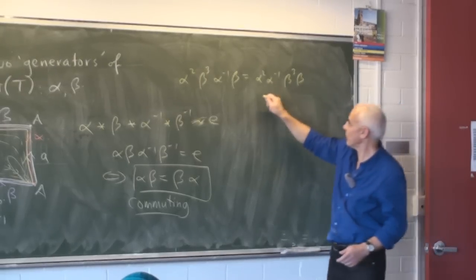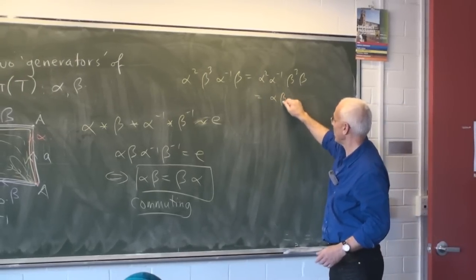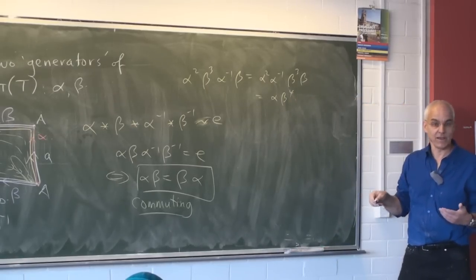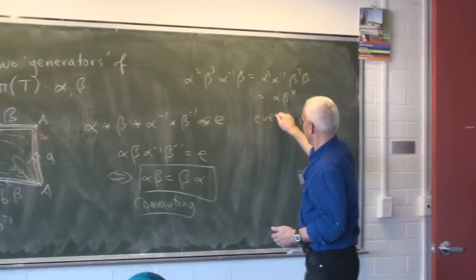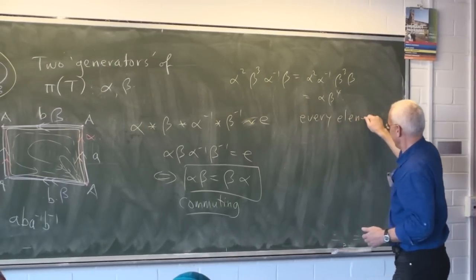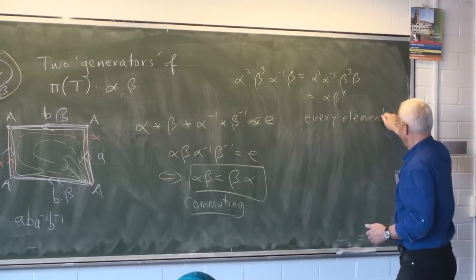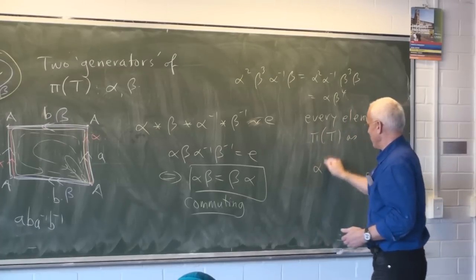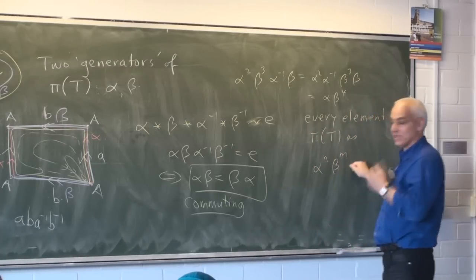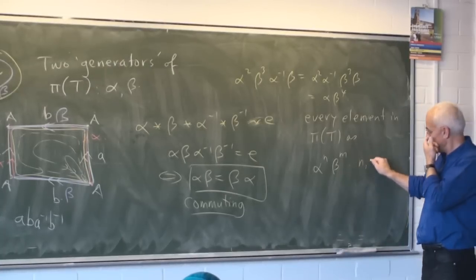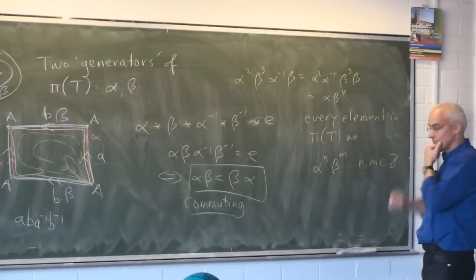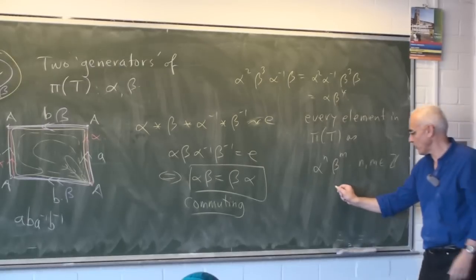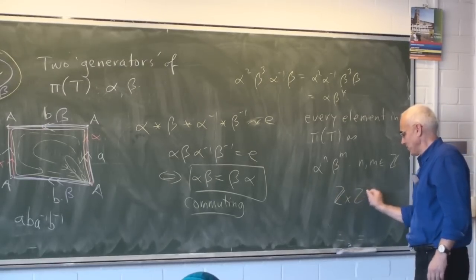And then alpha squared times alpha inverse is going to be alpha, and beta cubed times beta is going to be beta fourth. So you can write every element ultimately in pi of the torus as alpha to the n and beta to the m, where n and m are integers.